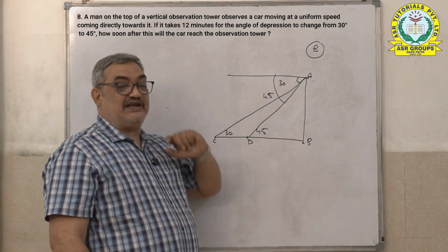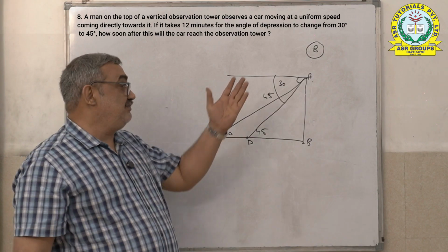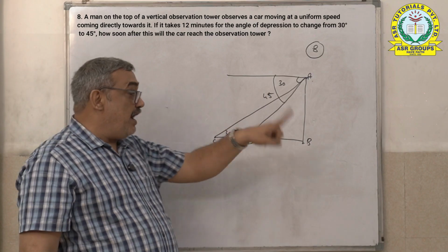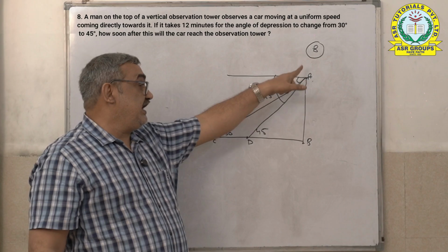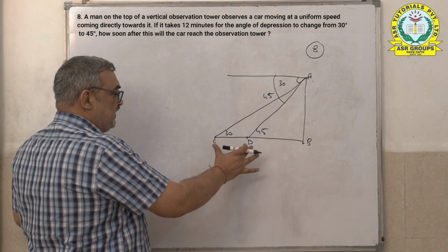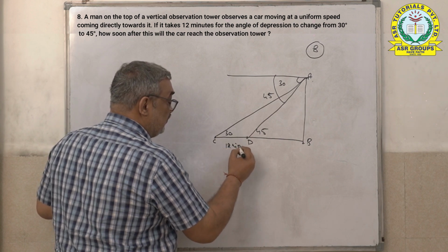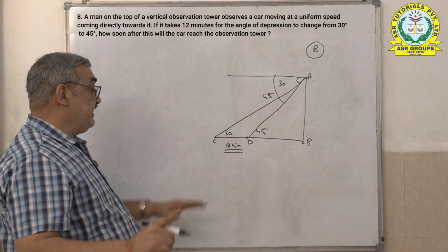Now, immediately, he was good in maths. Immediately he'll calculate how much time this car will take to reach here, so he can come down and meet his friend. So C to D, it is 12 minutes. Remember, this is not the distance, it's a time.